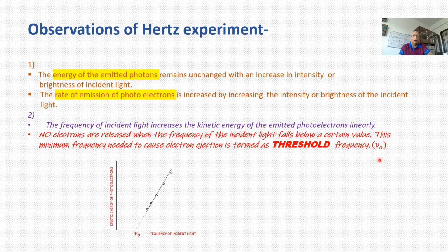Symbolically we represent it by nu naught. This is a Greek letter nu. Naught means the threshold frequency. Below this, no electrons would be emitted.